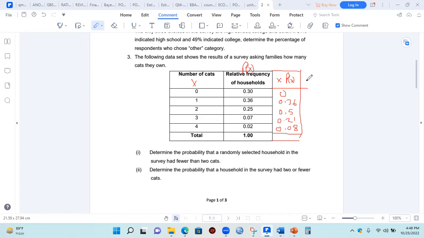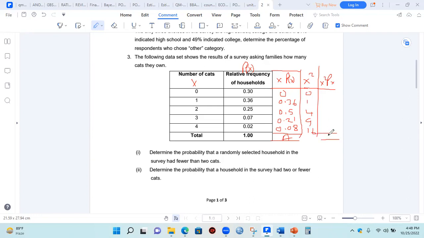Thereafter, we're going to square the values of x. So we can call the mean A, and we multiply by the probability of x to get x squared P(x). So we square these values 0, 1, 4, 9, 16. Then you multiply by the probabilities.